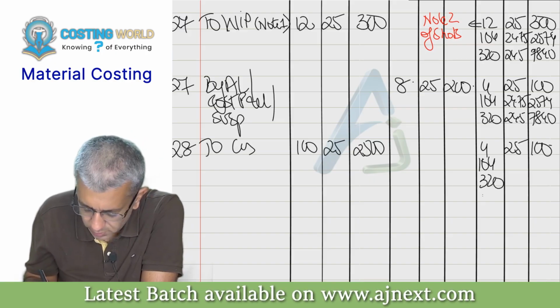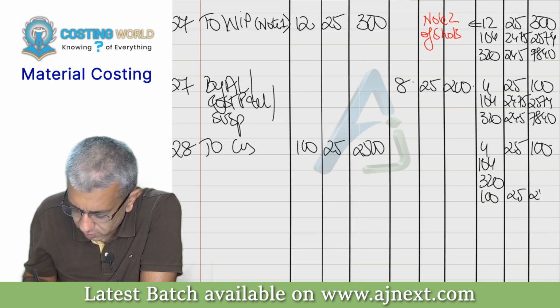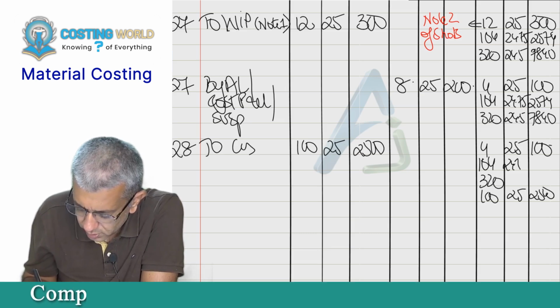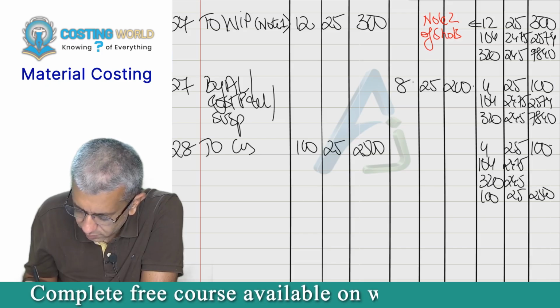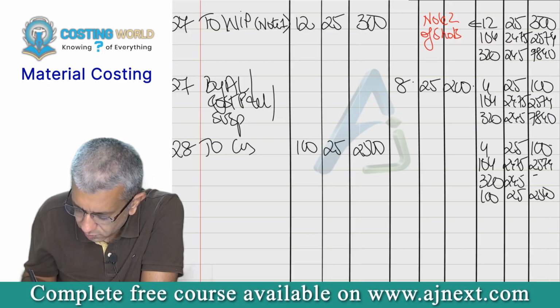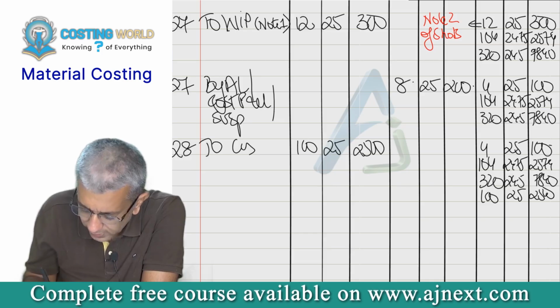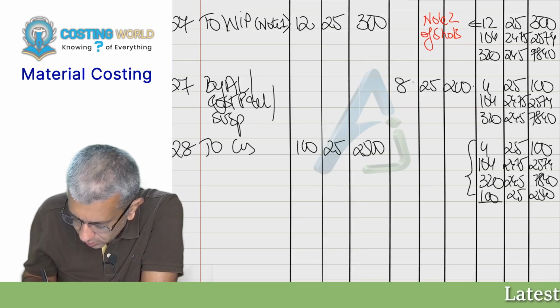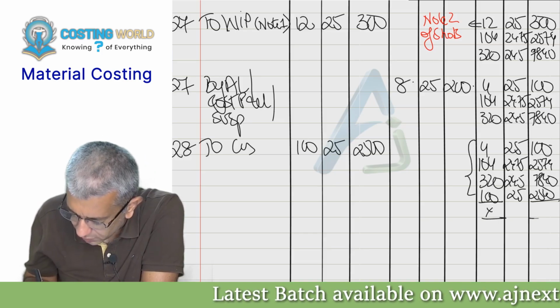So 104, 320, 100, 25, 2500, 24.75, 24.5, 2574, 7840. Just do one thing. This last total, no, get me over here.